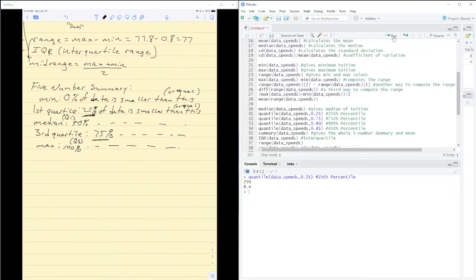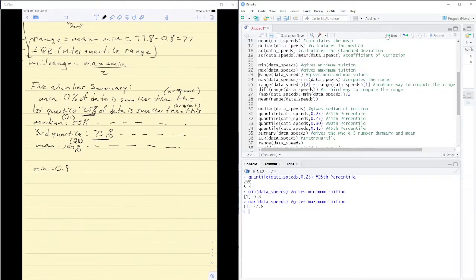So if I was doing this example, my min was 0.8. My Q1 is 8.4. My median is 13.9.